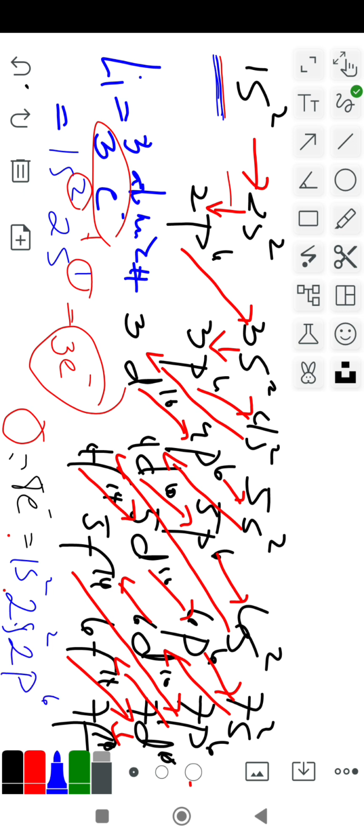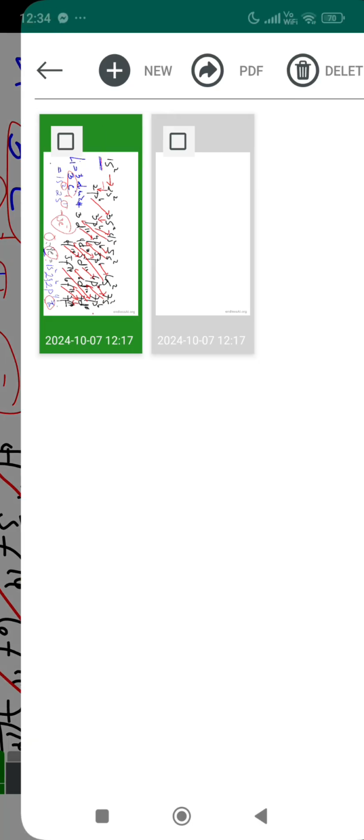But as you can see, 2 plus 2 is 4, plus 6 is 10. We only need 8 electrons. Therefore, we will change the 6 into how many electrons do we need to have? 4. So 2 plus 2 is 4, plus 4 is 8. Therefore, we have 8 electrons. 8 and 8 are the same. That is what we call electronic configuration.